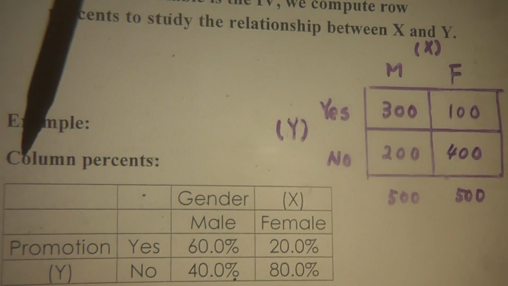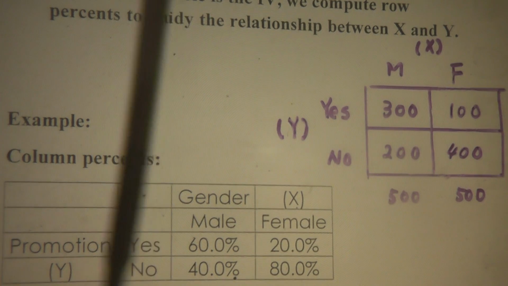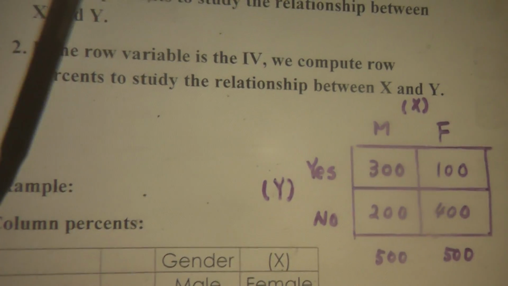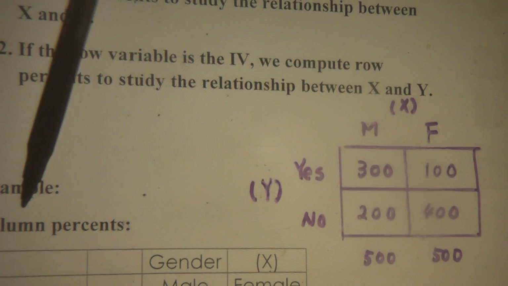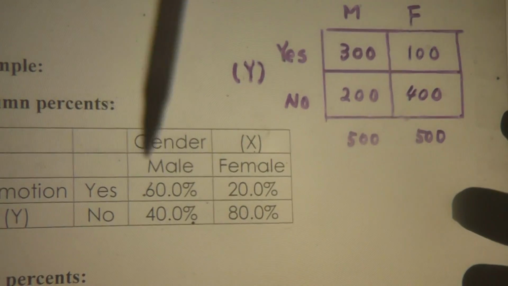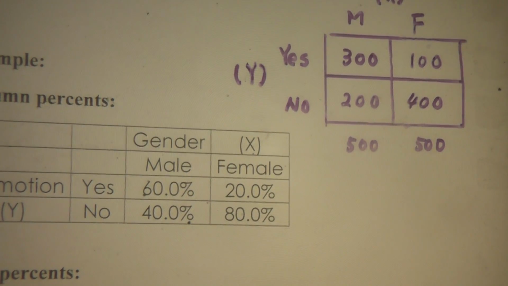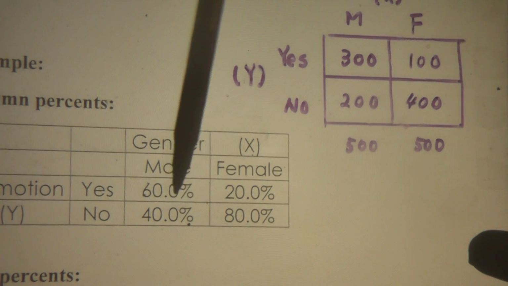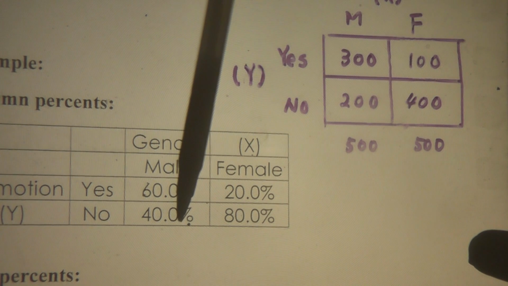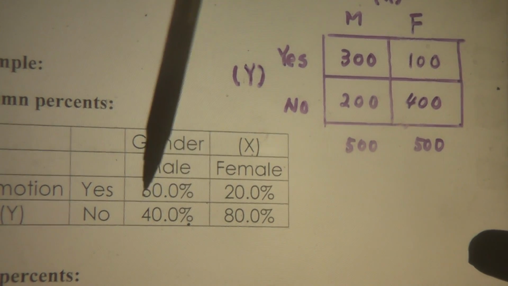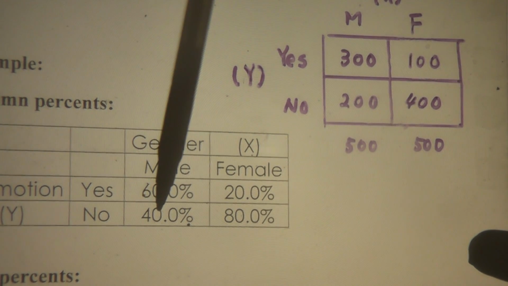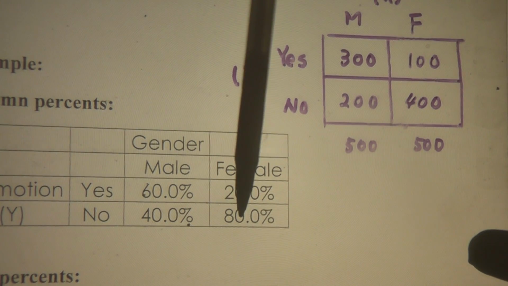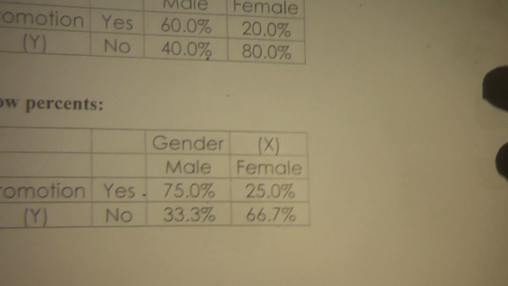How do we find out whether this is column percent or row percent? It's actually very easy to find out. For the column percent, if you add all the entries in the same column, they should add up to 100%. 60% plus 40% is 100%. 20% plus 80% is 100%.